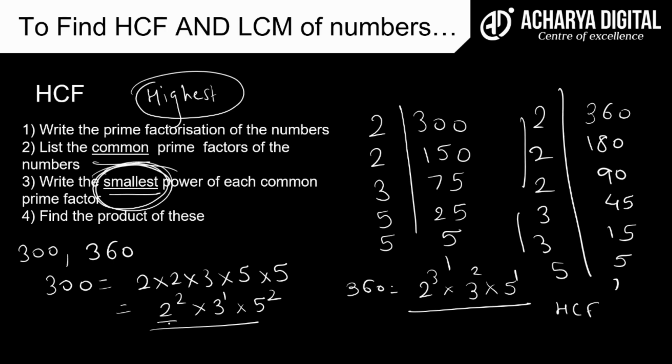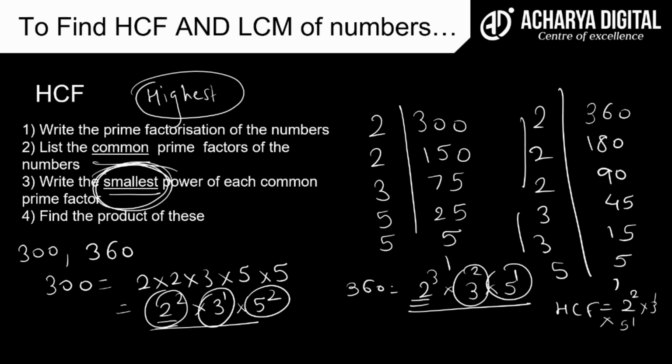So here for 2 raised to 2 and 2 raised to 3, the smallest one is 2 square. For 3, it is 3 raised to 1. And for 5, it is 5 raised to 1. So if you simplify 2 square, that is 4 into 3 into 5 raised to 1, you will get HCF as how much? 60. 2 square is 4, 4 3s are 12, 12 5s are 60. I hope you have understood.